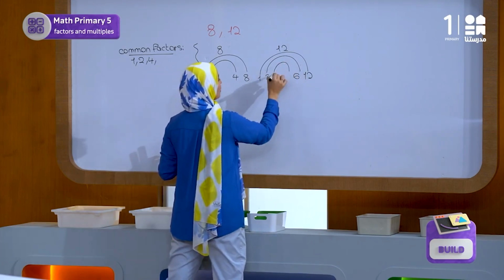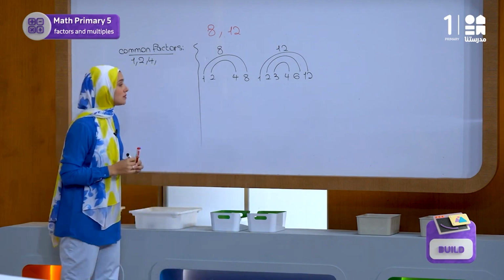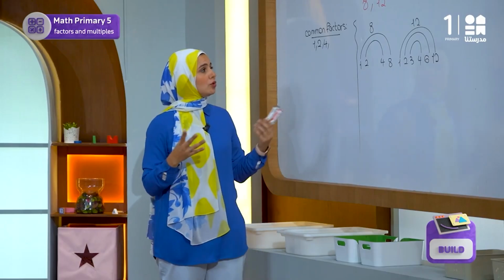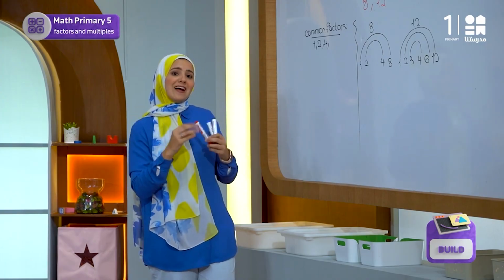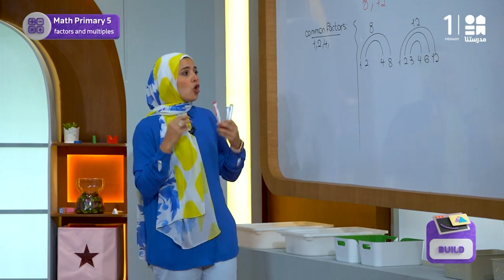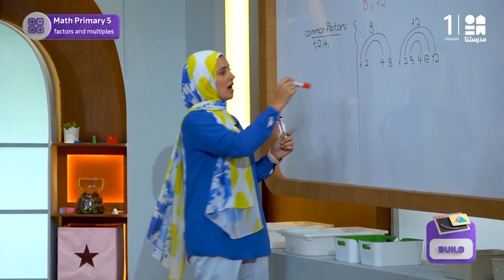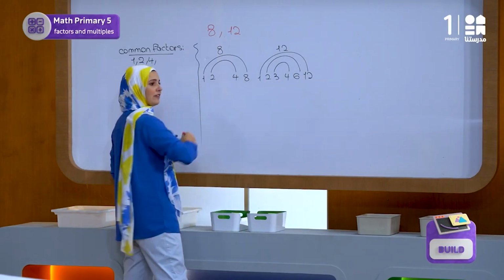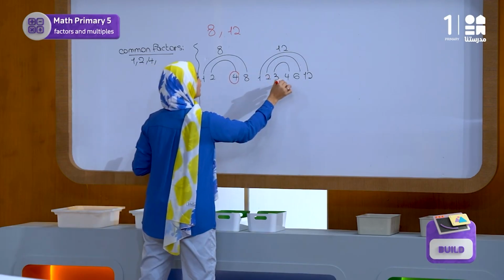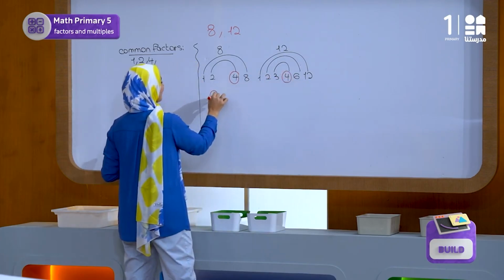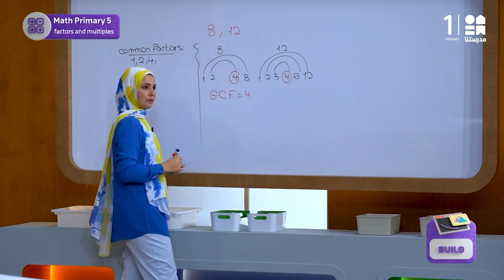I have 3 and 4. So these are my two rainbows for the two numbers that I have. Now, when I check the common factors of 8 and 12, which numbers are there? Over here are all my factors. I can see that the greatest common factor is 4. So my greatest common factor is 4.